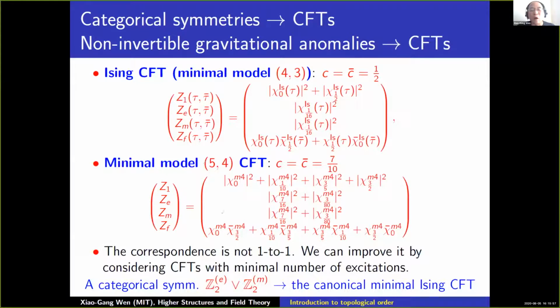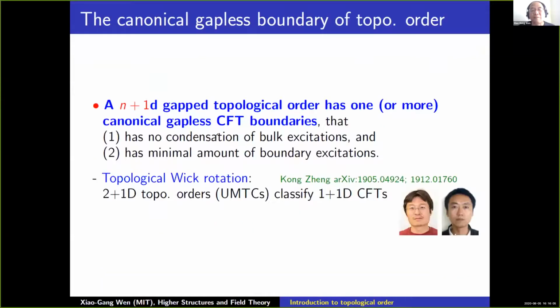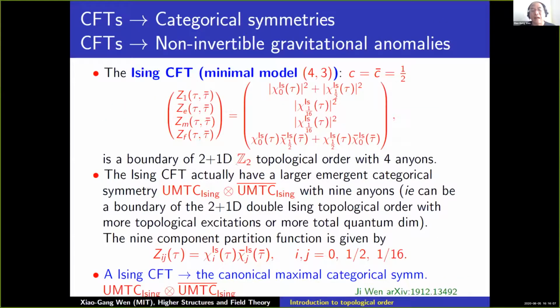If you want to incorporate the Kramers-Wannier duality symmetry as a defect line, you generate more components. That gives rise to this 9-component partition function. In this 9-component partition function, the Z2M symmetry, the Z2E symmetry, and the Kramers-Wannier duality symmetry are all included as defect lines, as boundary conditions.